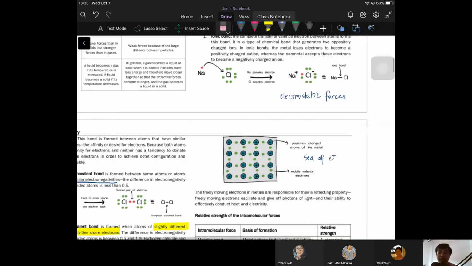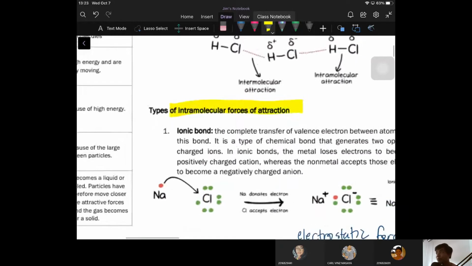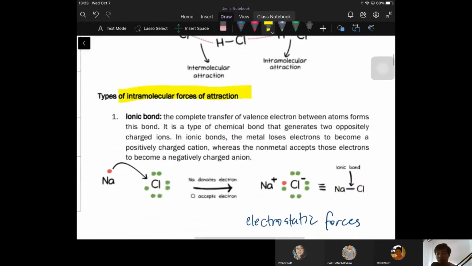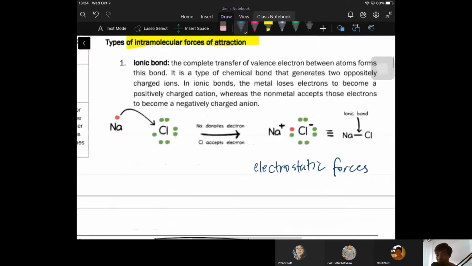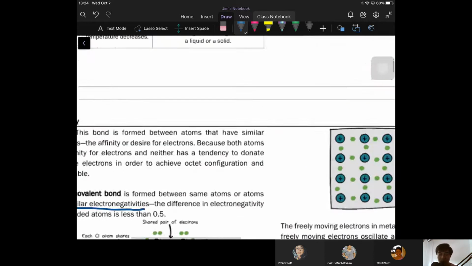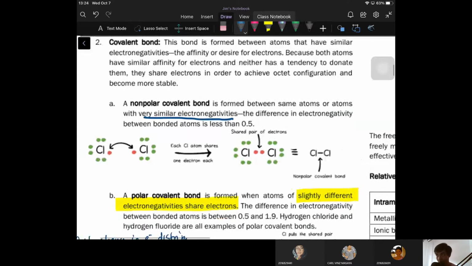So, yun yung mga uri ng intramolecular forces of attraction. So, ano uli yung mga uri? We have ionic bond. We have ions held by electrostatic forces. We have covalent bond, wherein your atoms are bonded together by sharing the electrons, no?